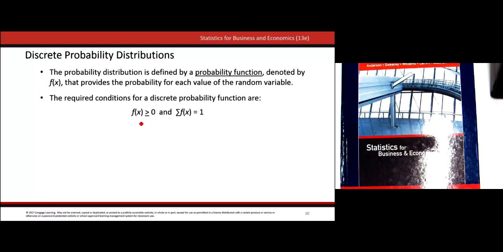Probability cannot be negative, so f of x must be larger than or equal to 0. And the sum of the probabilities for all values of the random variable must be 1.